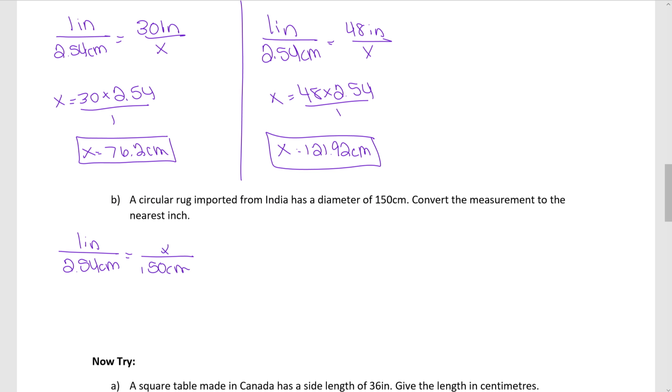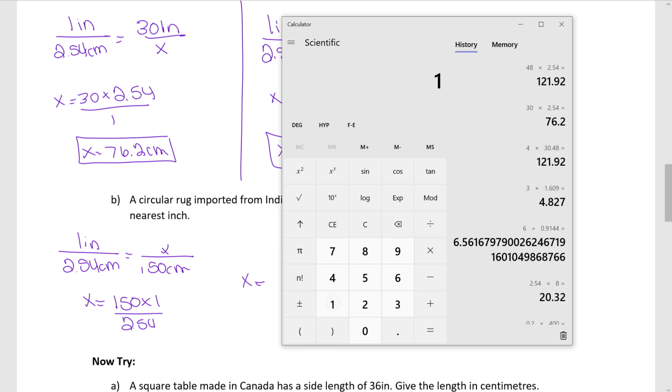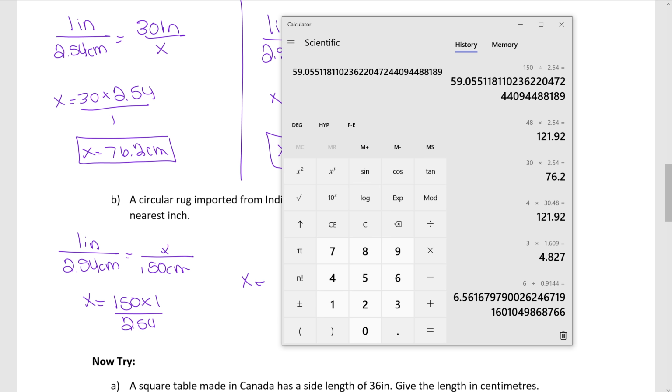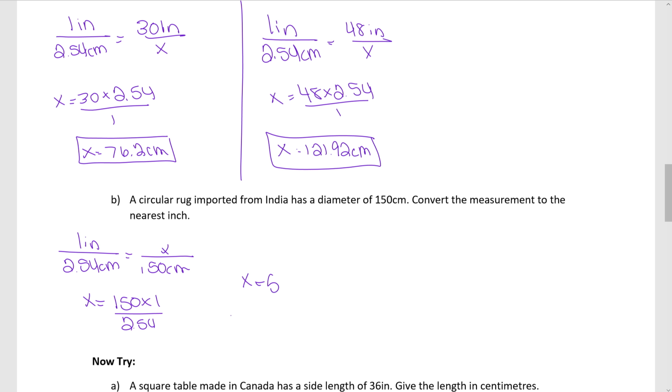So then when I multiply, it's 150 times 1, and I divide by 2.54. And that's going to tell me that 150 divided by 2.54 is 59 inches. So 150 centimeters is 59 inches.